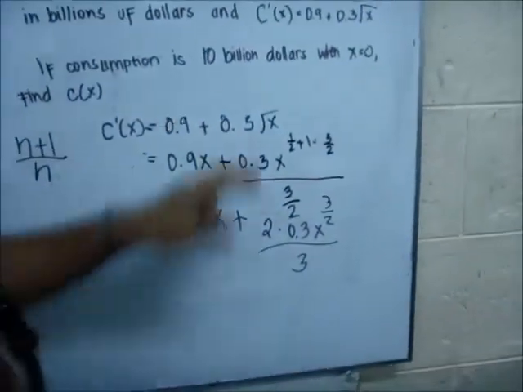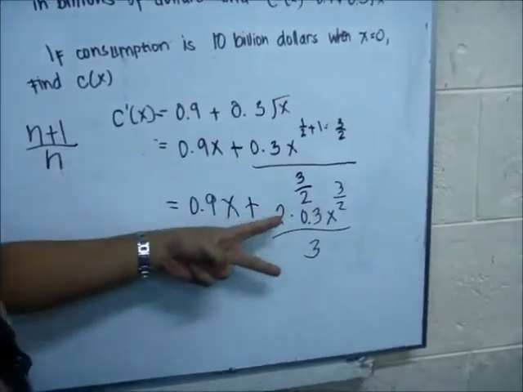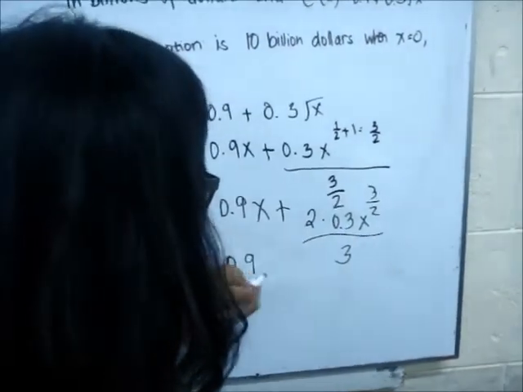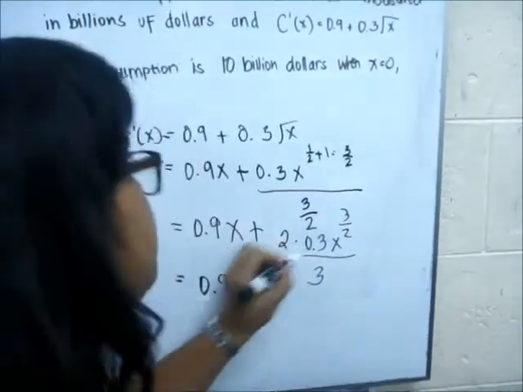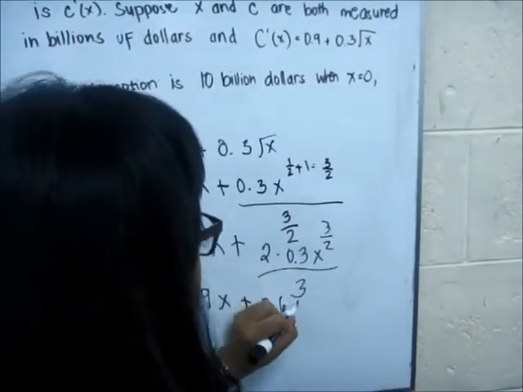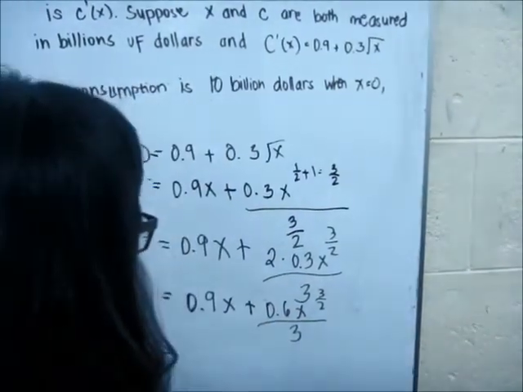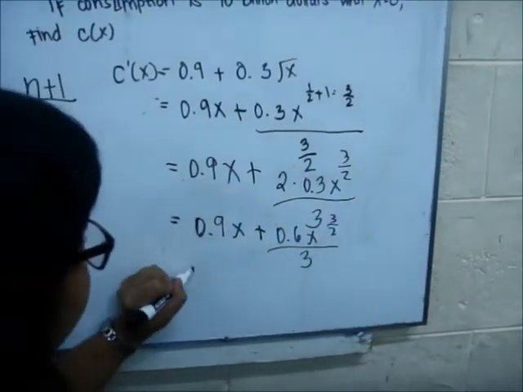What we did is that the fraction we have, we reciprocated. And this will be 0.6 all over 2. Here we can notice that this can be simplified.